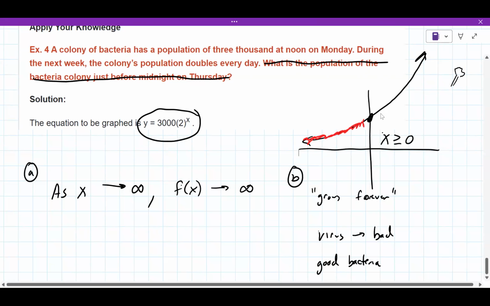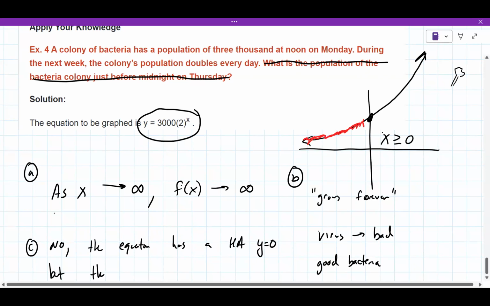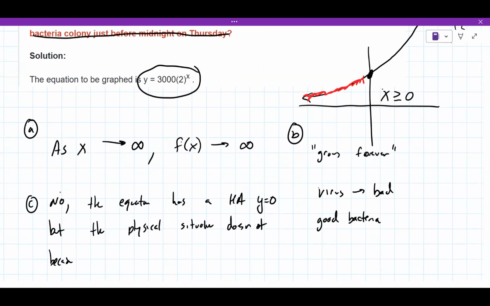So for part C, you would say: no, the equation has a horizontal asymptote y equals 0, but the physical situation does not. And you might add because the domain is x greater than or equal to 0, or you can say from 0 to infinity.